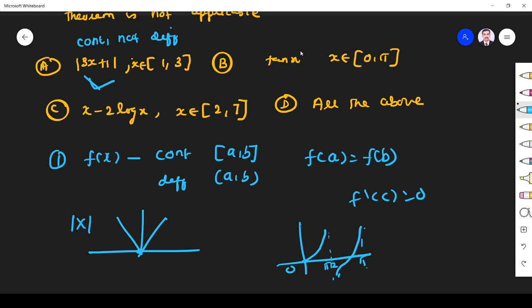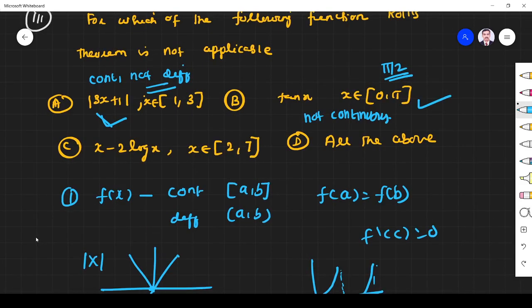Tan pi by 2 is infinity. The function is not continuous. That's why the curve will be like this. So when you substitute pi by 2, the function is not continuous, so it is not differentiable. So I cannot apply Rolle's theorem. So the second one also I cannot apply.